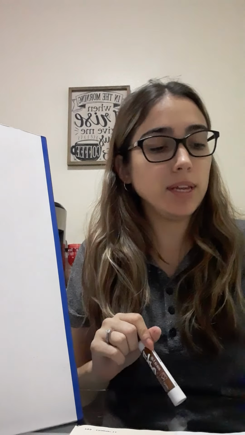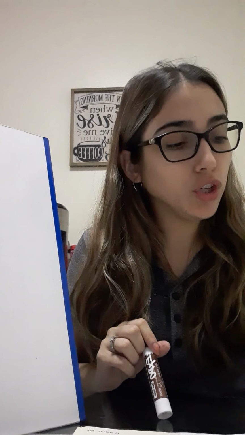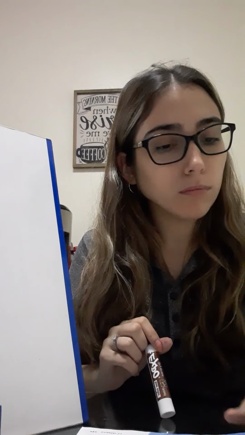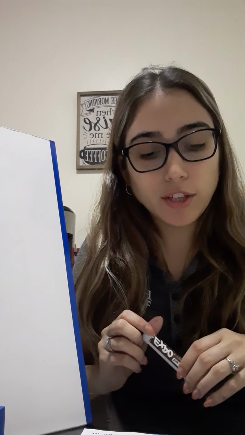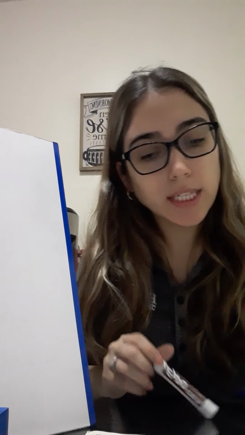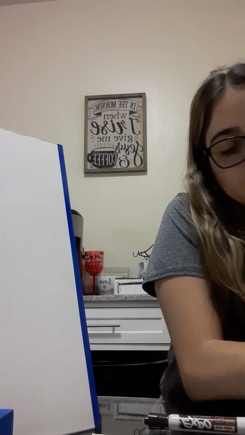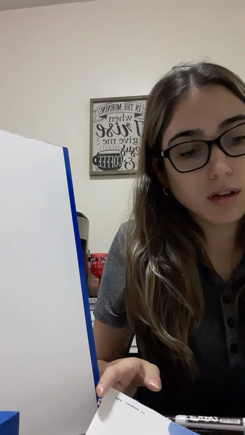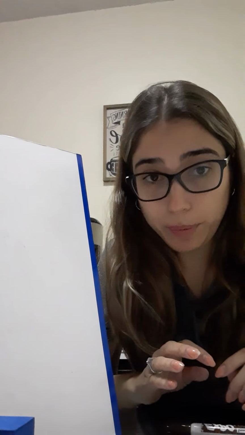Now, what I want you guys to do for today's assignment, okay, so today's math assignment is very important. It's going to be as if it's your homework page, okay?